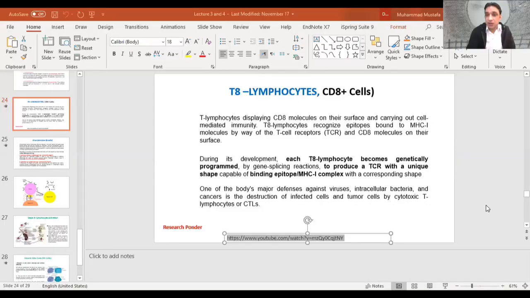T-dependent activation of beta cells. On the other hand, if there is no big infection over there, there are no CD4 cells over there, so the beta cells can find something bad. Beta cells have found something bad. Beta cells can consider that thing as a bad thing.